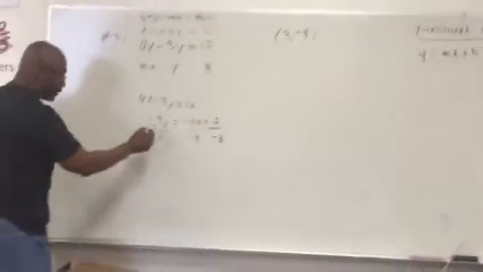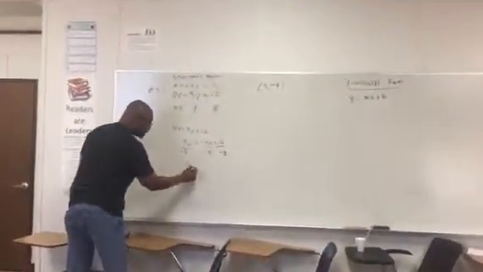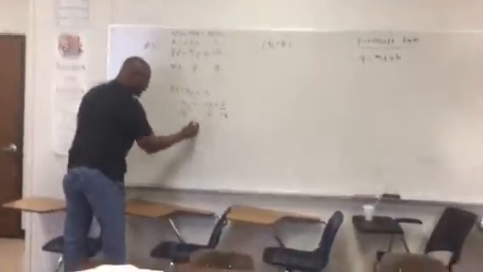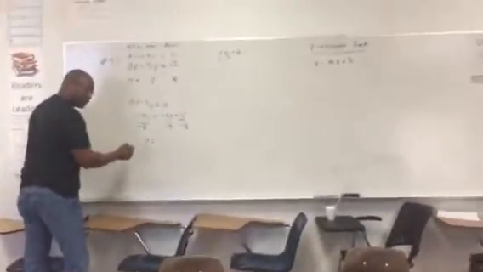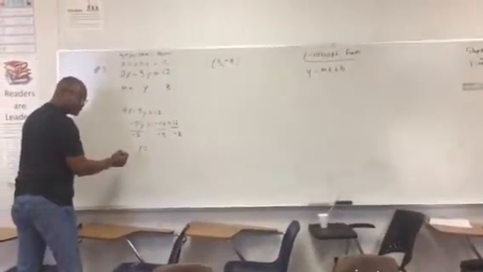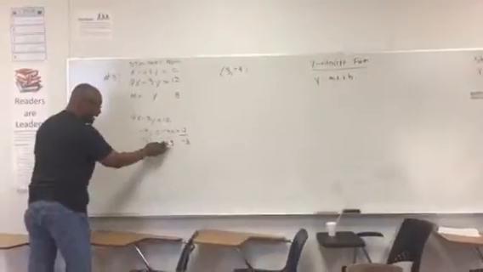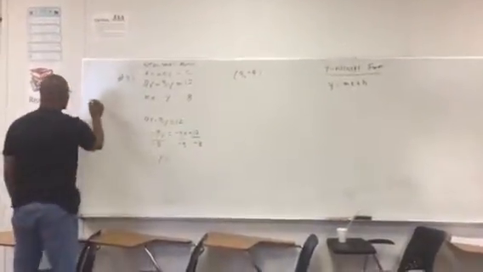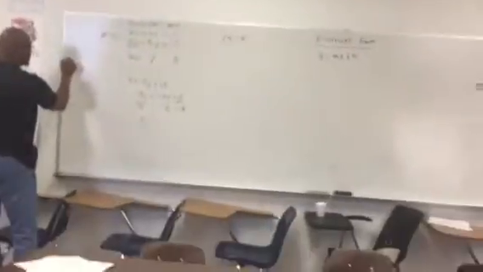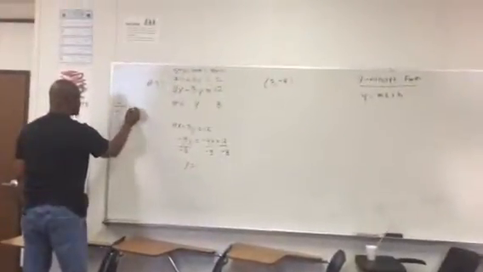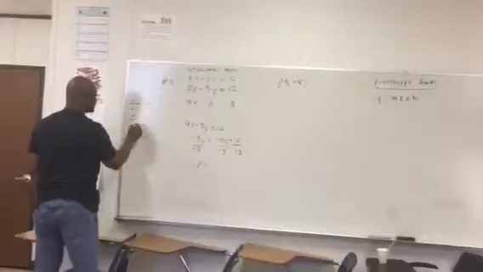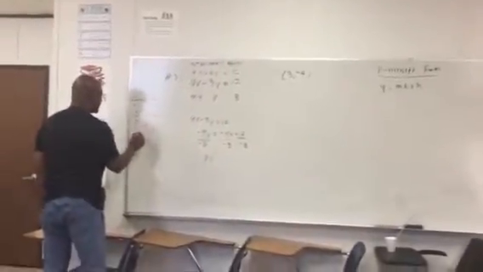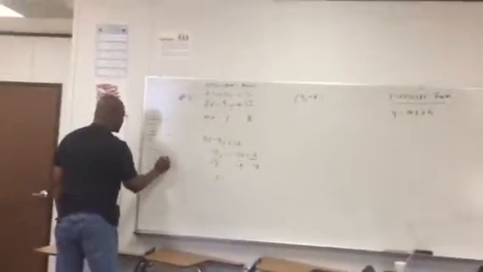Okay? So now what we have is y is equal to negative divided by negative is what? If I divide a negative by a negative, I'm going to get a positive. Here are the rules. Negative divided by a negative is positive. Positive divided by a positive is positive. Negative divided by a positive is negative.